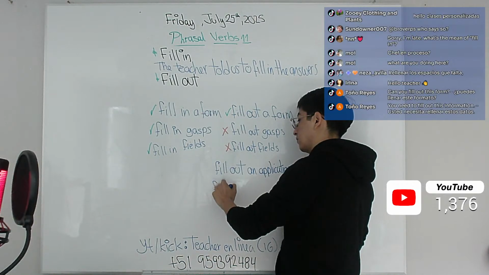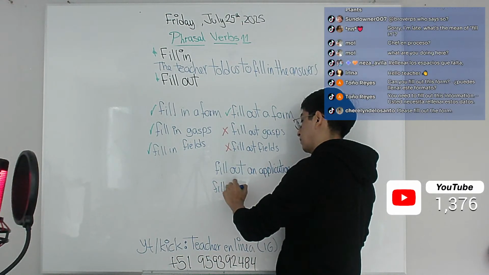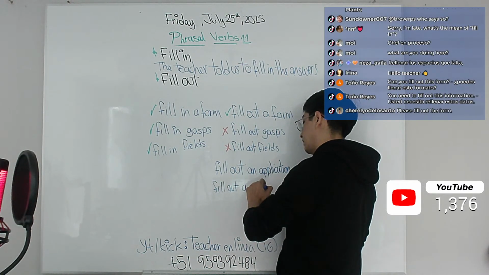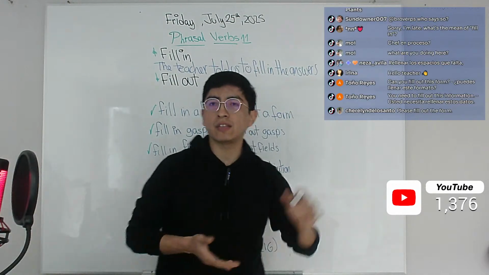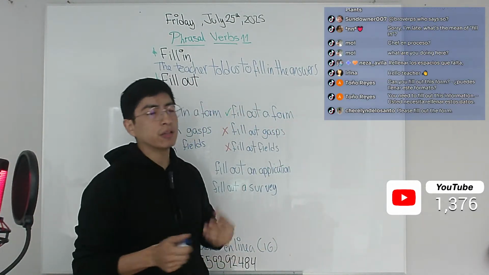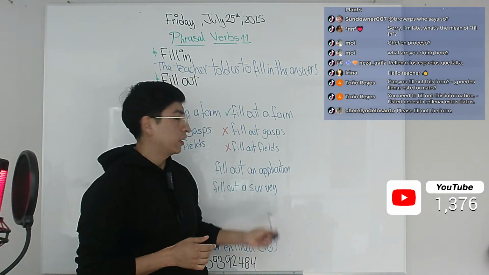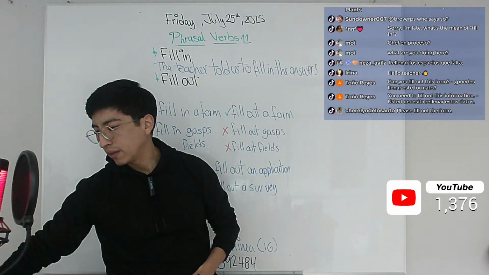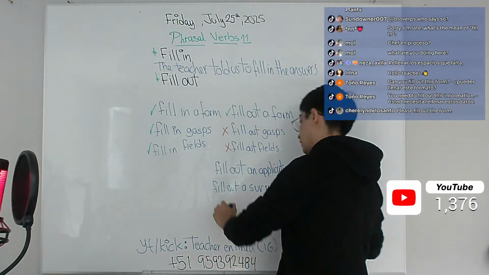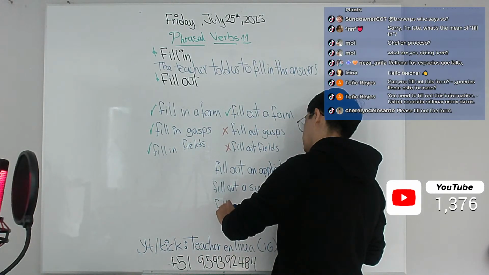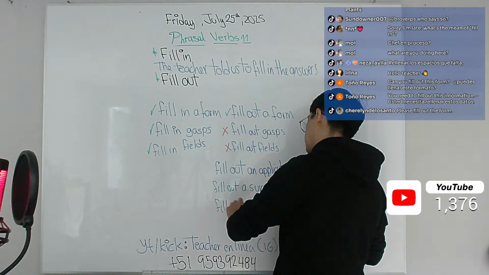Okay, fill out a survey. Okay, please, we have like 10 questions for you. We want to ask you about this. Hey, could you fill out the survey? Okay, you can use that. Fill out the report. Fill out a report.